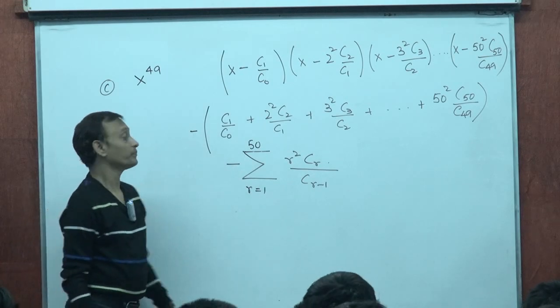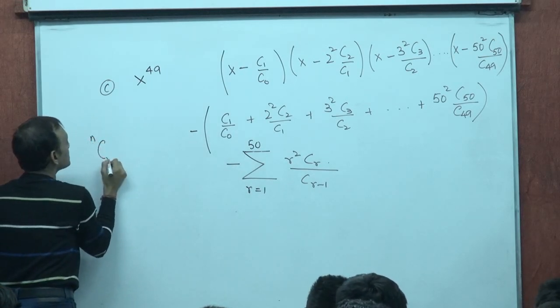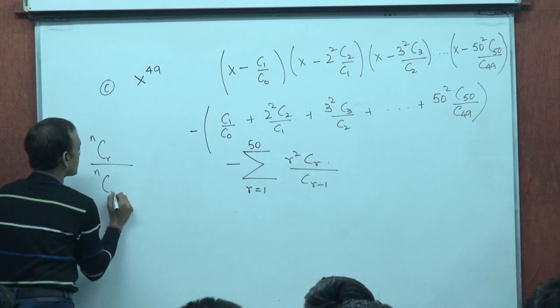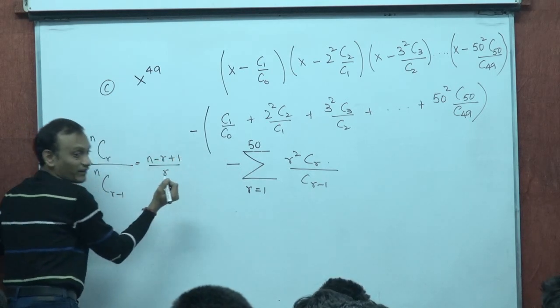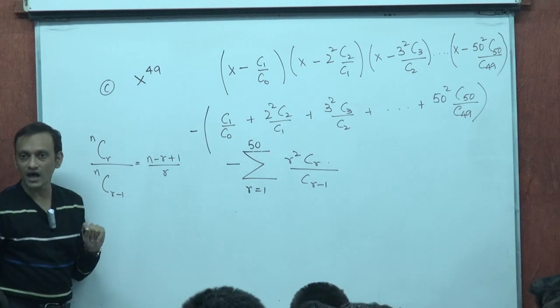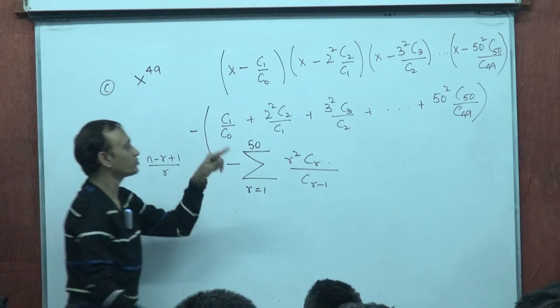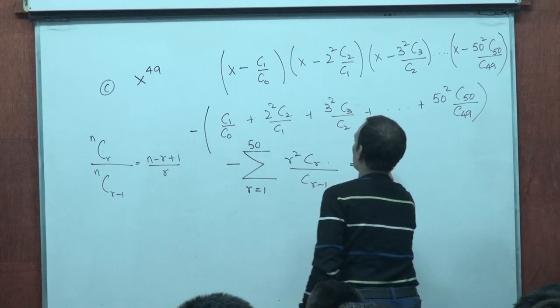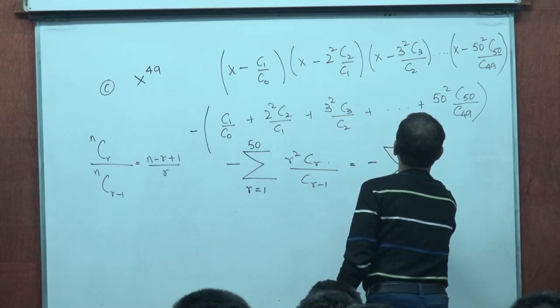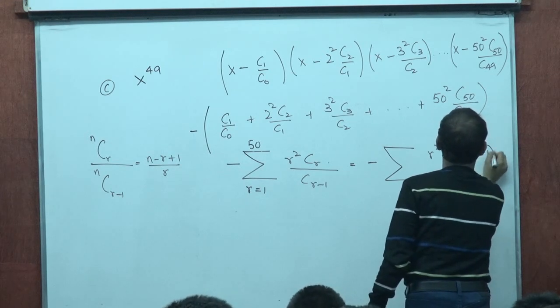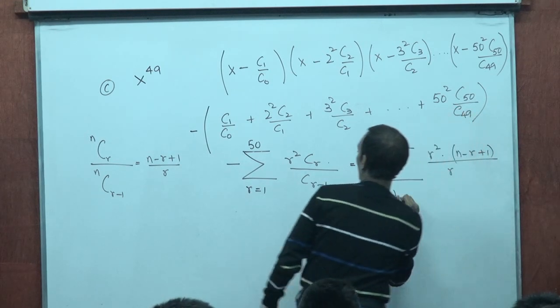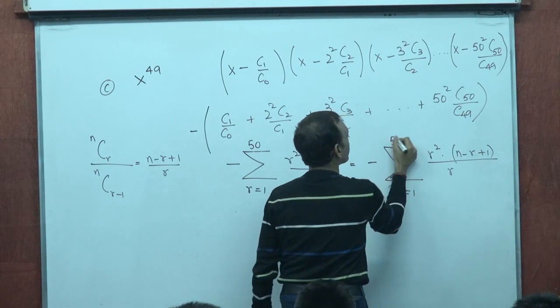And if you remember, nCr by nCr minus 1 is n minus r plus 1 divided by r, right? Which then leads to minus summation r squared into (n minus r plus 1) divided by r, r runs from 1 to 50.